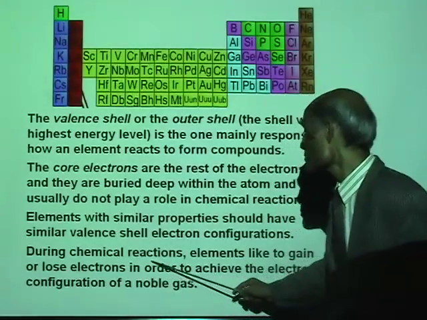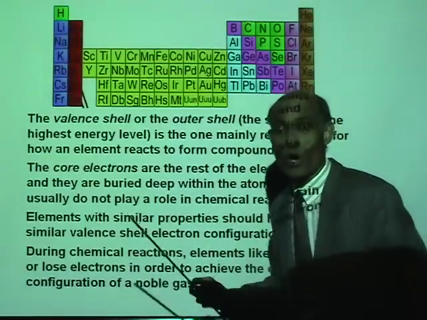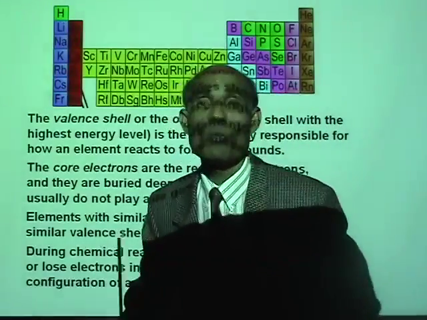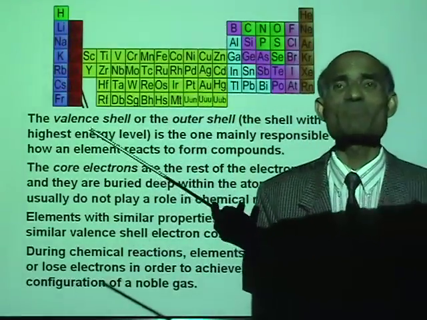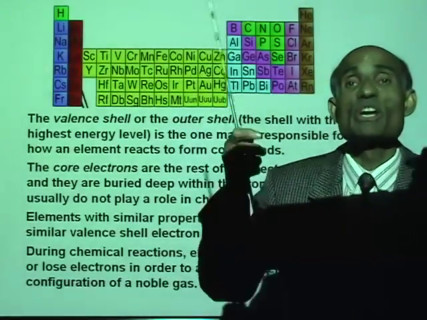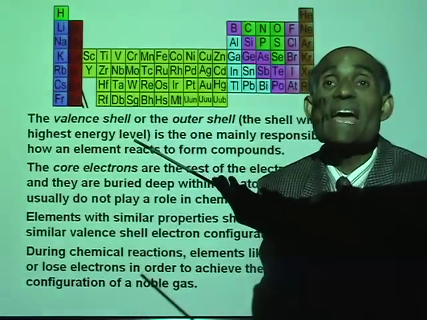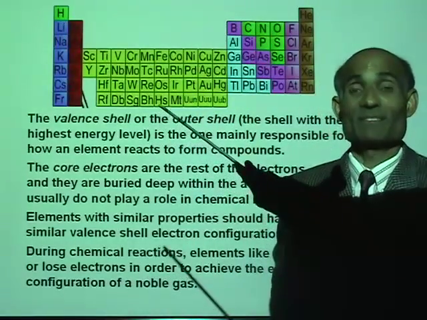Now, during chemical reactions, elements like to gain or lose electrons. What is the incentive for chemical reaction? The incentive for chemical reactions is to obtain the complete 8-electron structure.